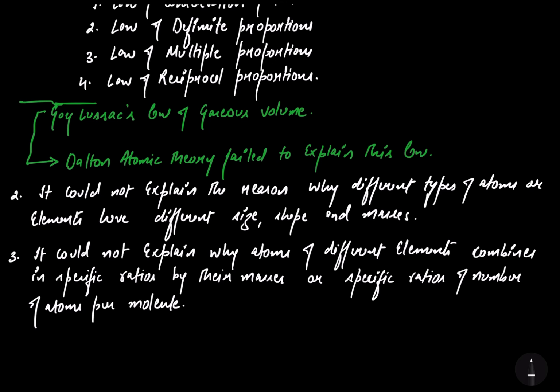So this was the limitation, that it could not explain the reason why atoms of different elements combine in specific ratio by their masses or specific ratios of number of atoms per molecule. So the reason behind their combination was not given by Dalton.